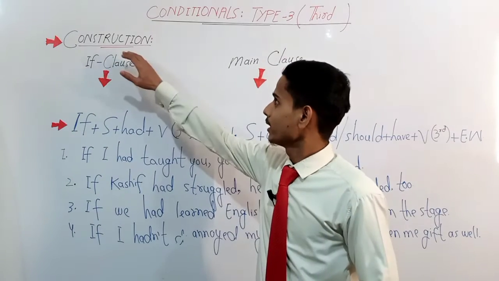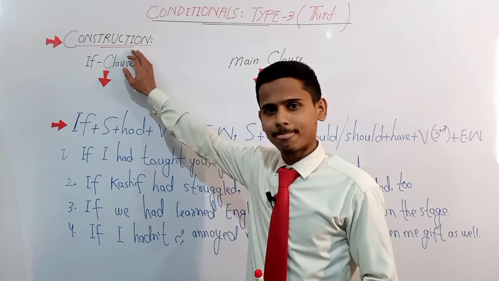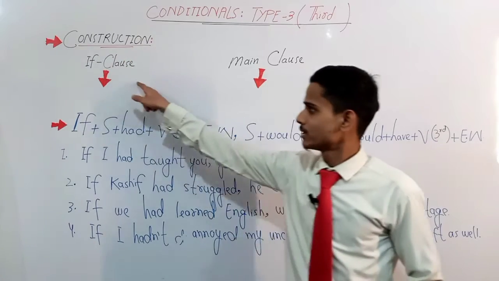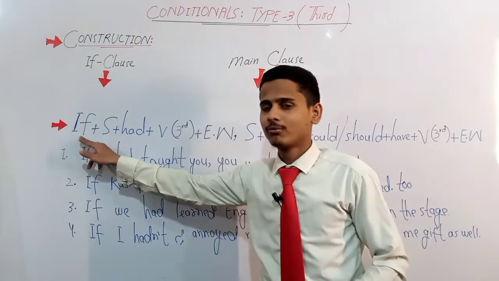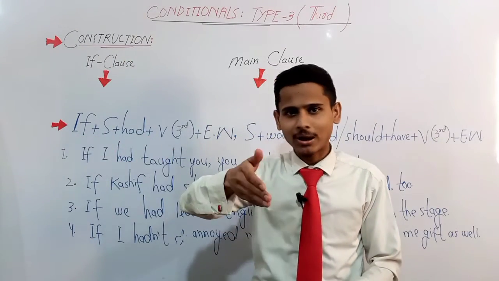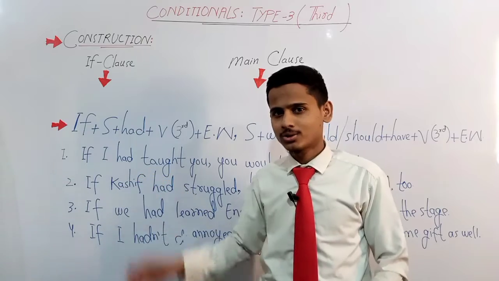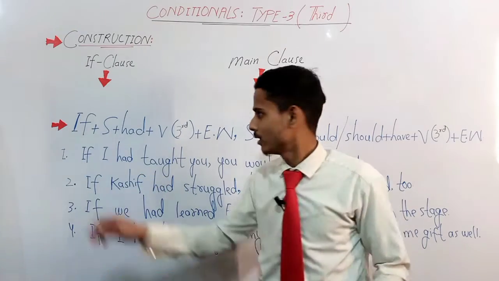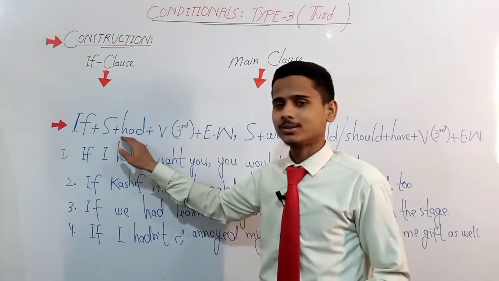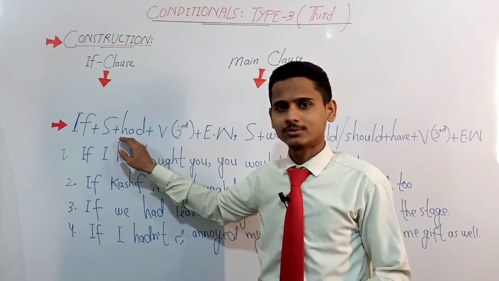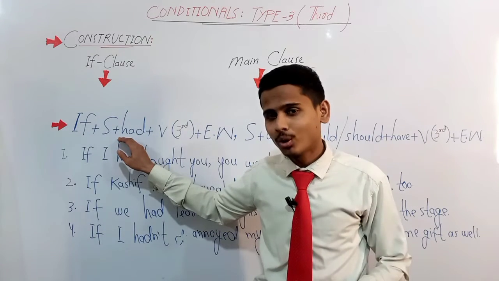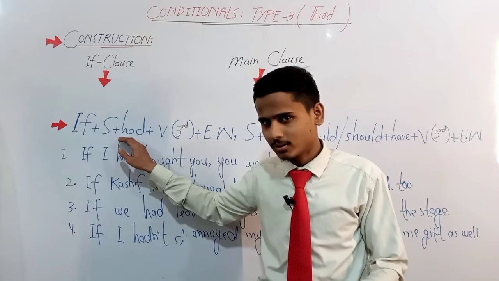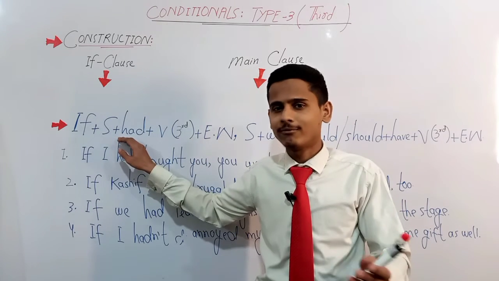Here we have 2 clauses as well, as we had in the first 2 parts. I have written every single part of the structure to explain it in a more vivid way. If plus a past perfect tense sentence. If you don't know how to structure past perfect sentences, we have already done a video lesson on that.